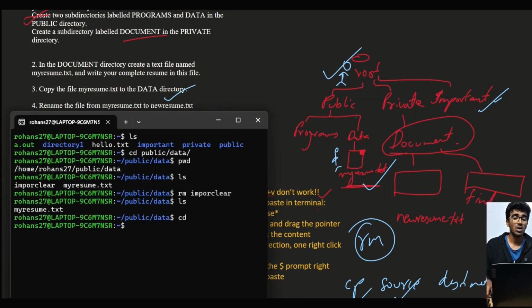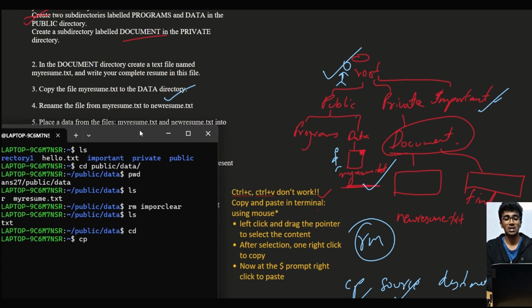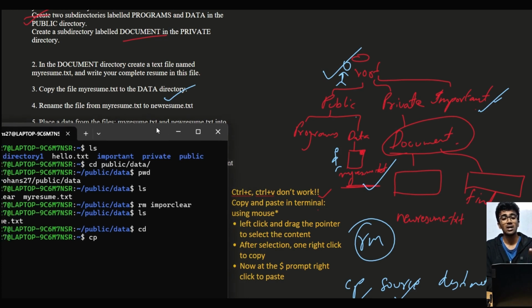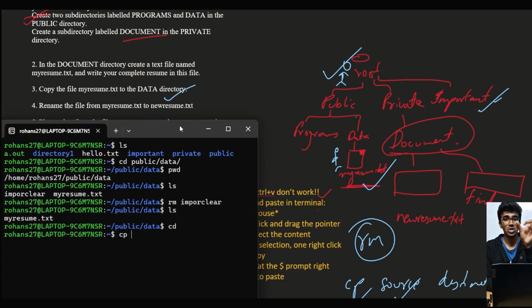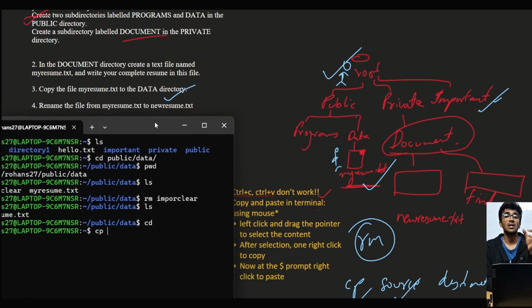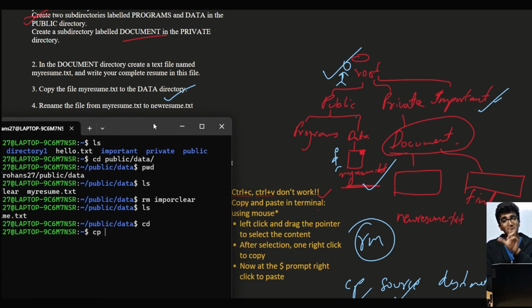Now you have to copy the file. The source file exists inside data, and we know the address of data is this. Just as I said, left click and drag the pointer to select the content. After selection, do one right click over the content so that it gets copied, and another right click at the dollar prompt to paste that.